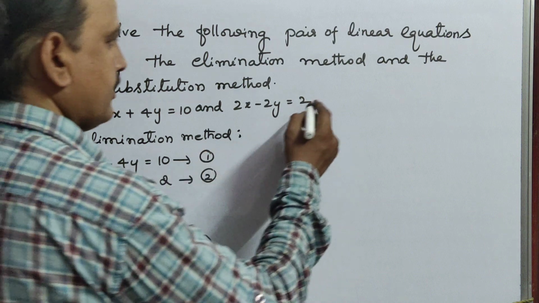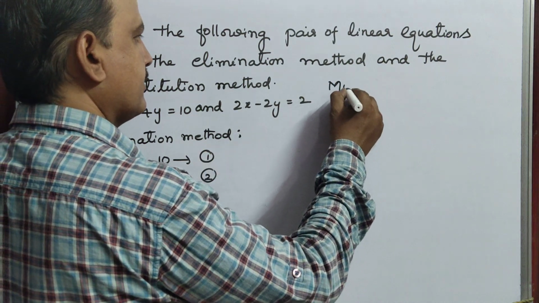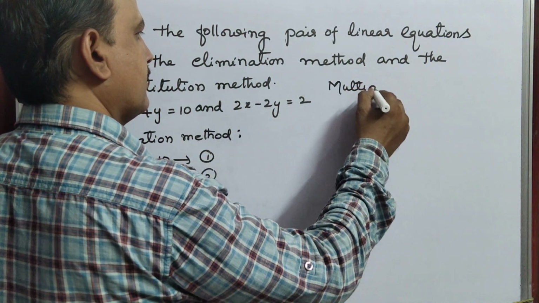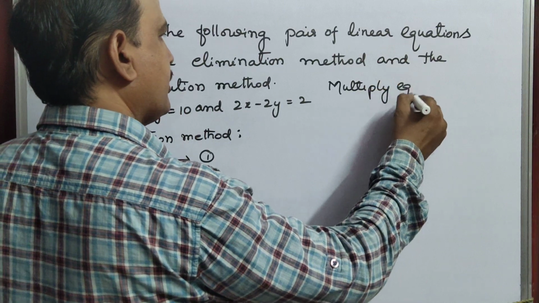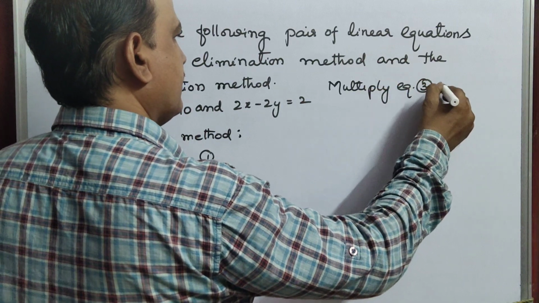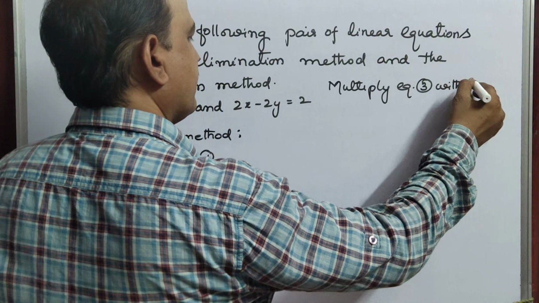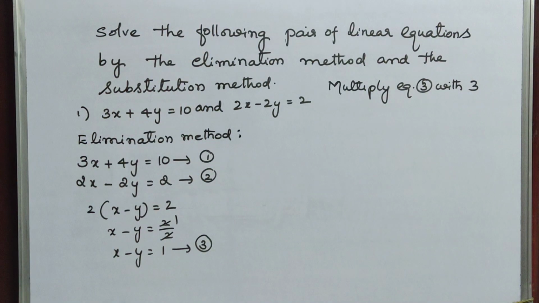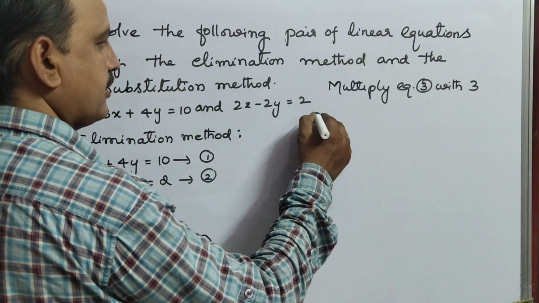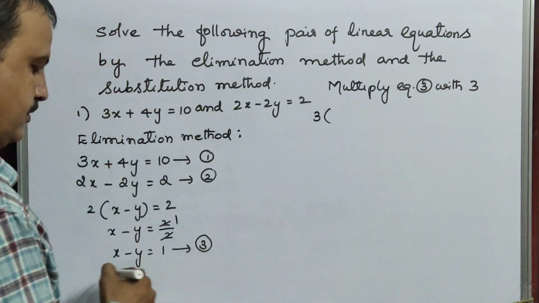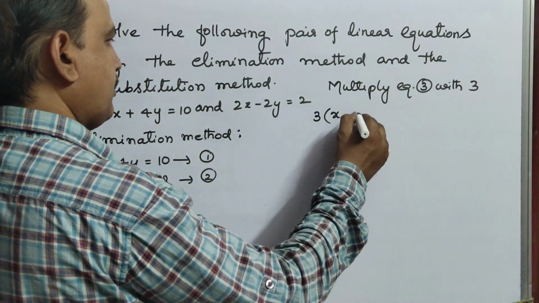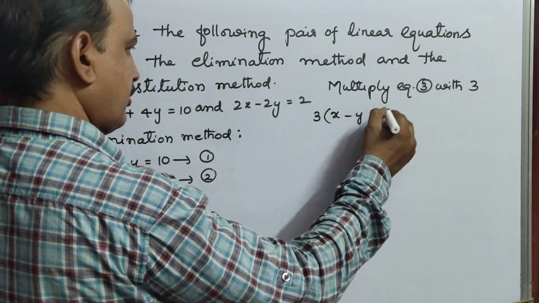So multiply equation 3 with 3. That means 3 into x minus y equals 1.